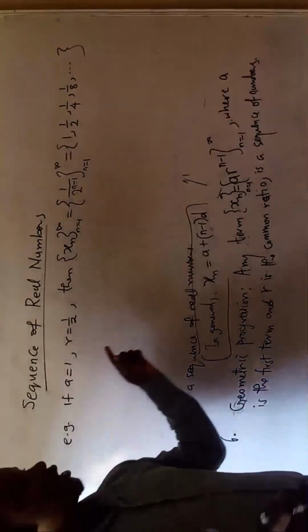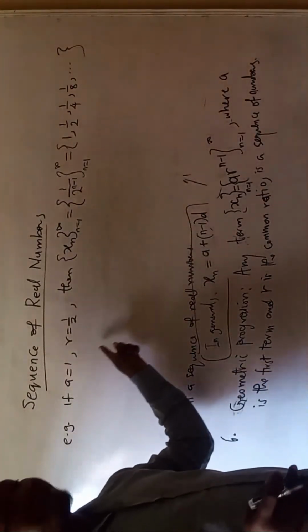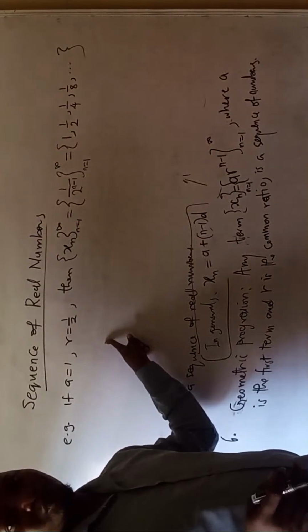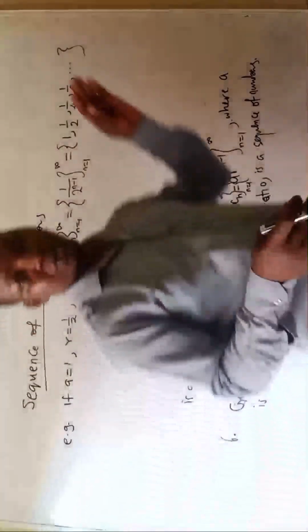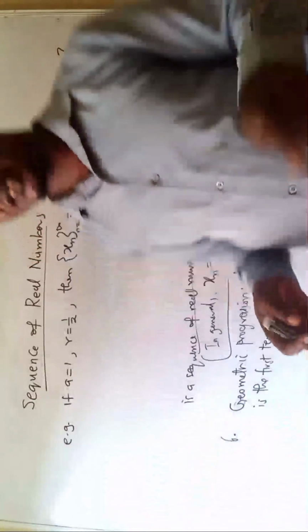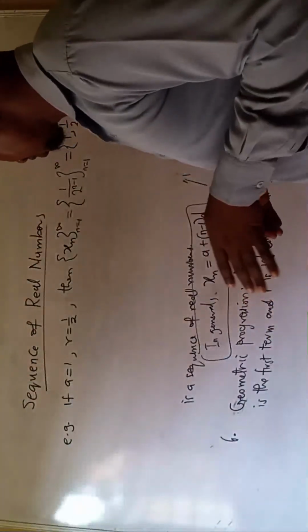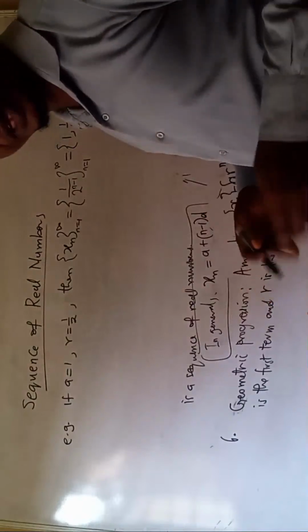On the other hand, if r is more than 1, such a geometric progression will tend to infinity. That's the major difference between them.